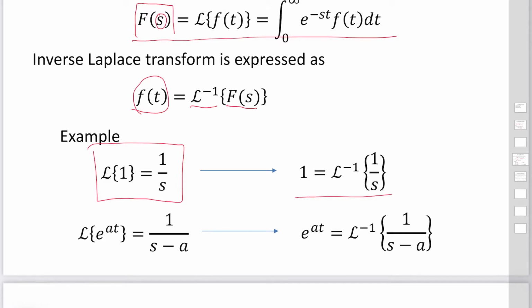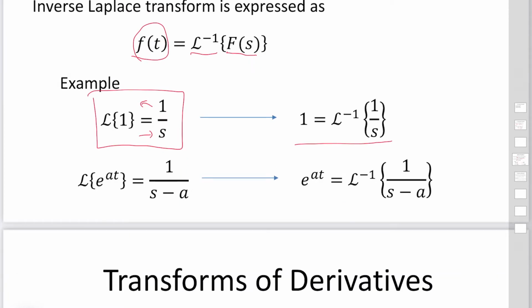In the case of the Laplace transform of 1, you can calculate from the left to the right. But in the case of the inverse Laplace transform, you go from the right to the left. And also the Laplace transform of the exponential e^(at) can be calculated as 1 over s minus a.